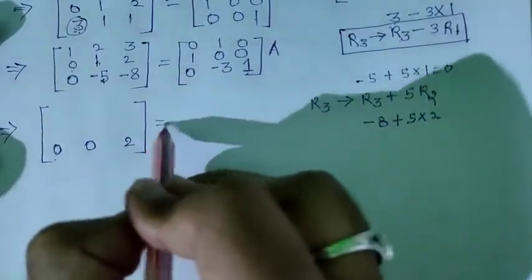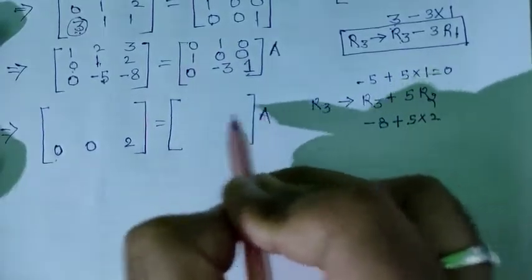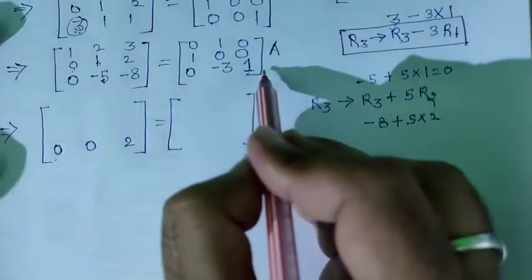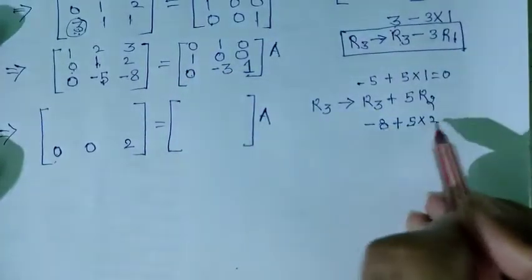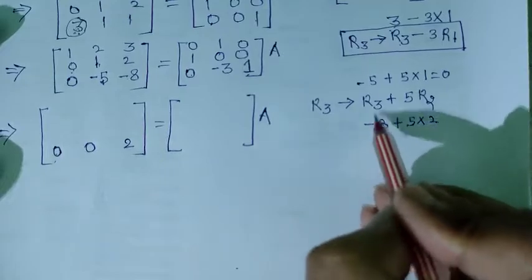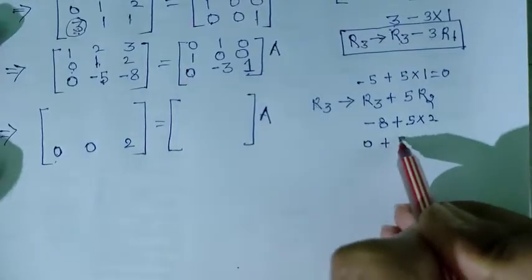And a similar procedure you will do in place of this R3: 0, minus 3 and 1. And here you just have to write whatever will happen if I do this procedure. It means 0 into 0 plus 5 into 1.